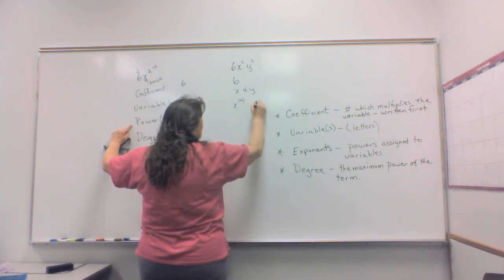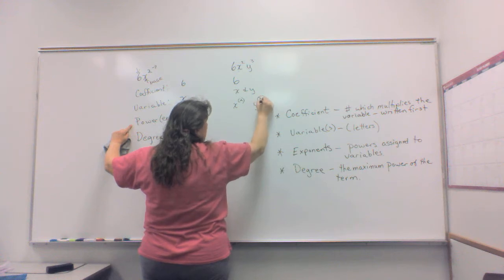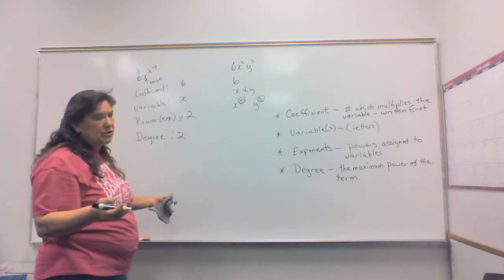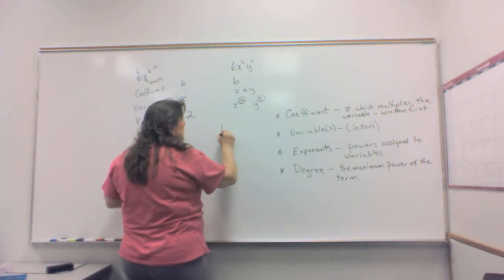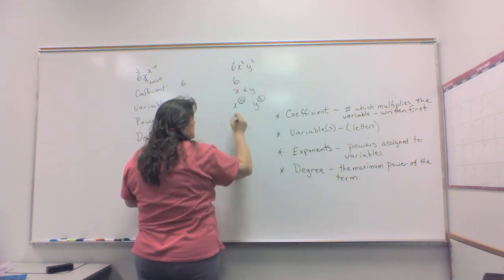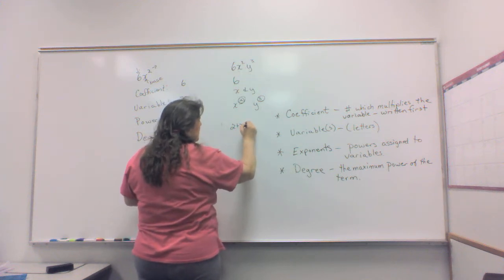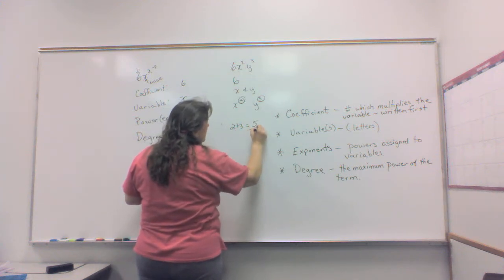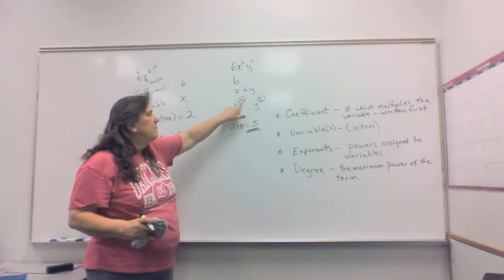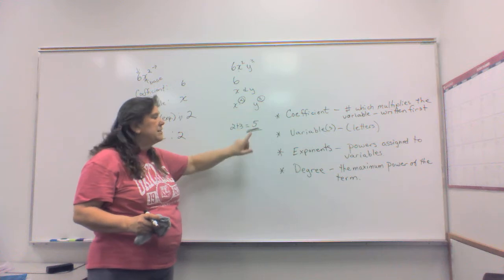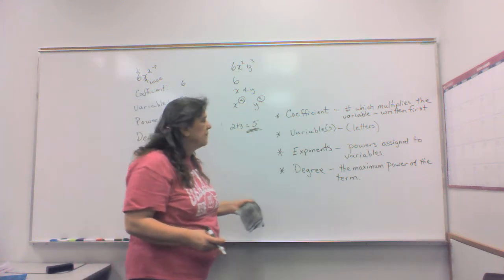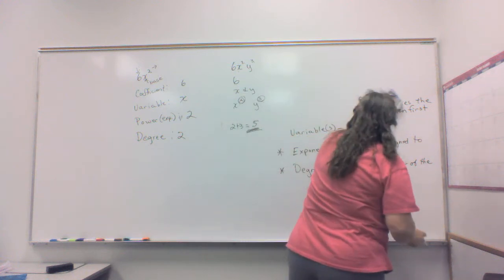The power of my y is 3. So these are the powers, but it's not a power of the whole term. Whereas the degree of my term, in this case, is 2 plus 3. So the degree of this term is the number 5. And that's where your power or your exponent differs from the degree of the term. Okay? So that's what you're dealing with.